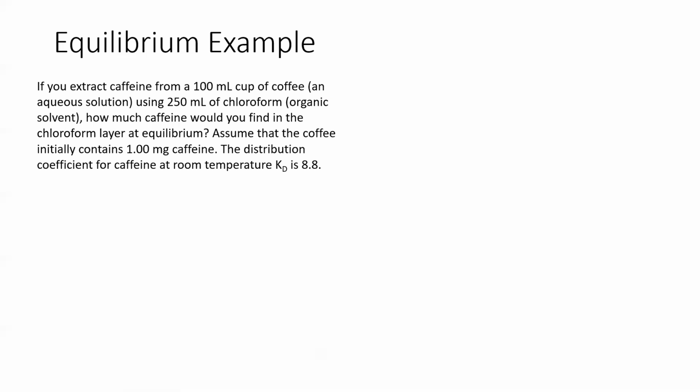Okay. Well, since we need to know the different concentrations, right? So KD is equal to 8.8. And that's equal to the concentration of caffeine in the organic layer divided by the concentration of caffeine in the aqueous layer.